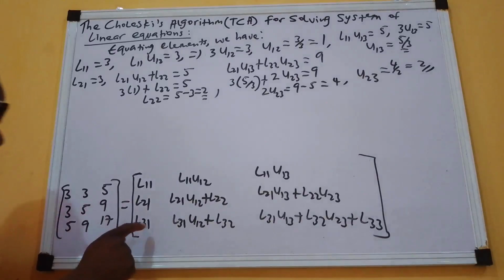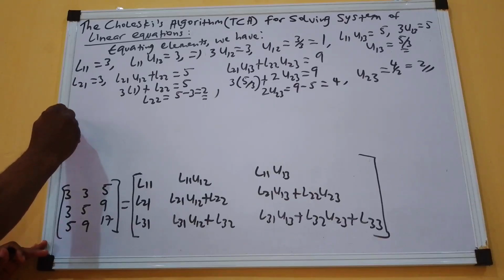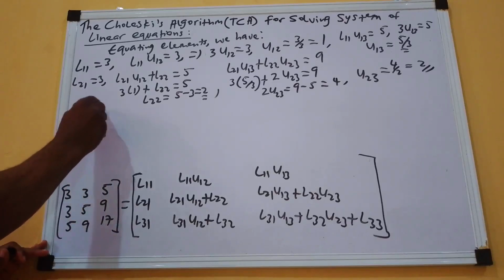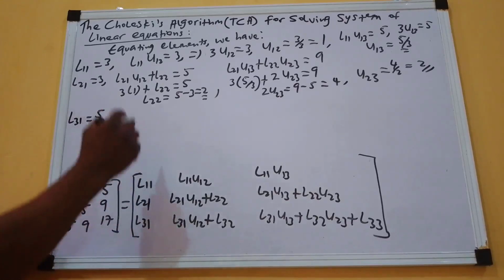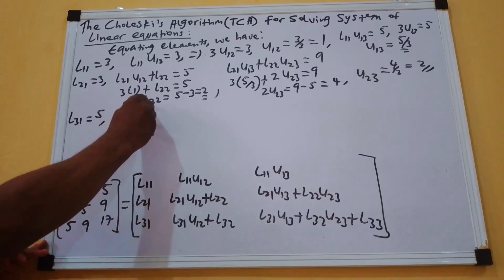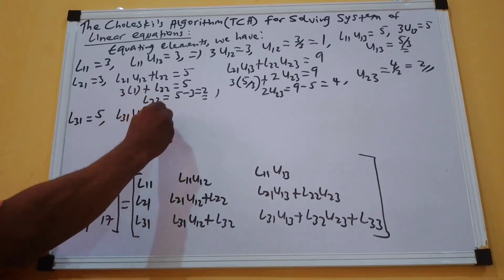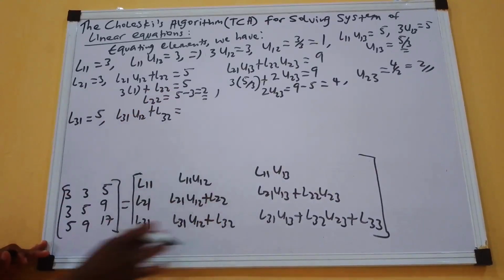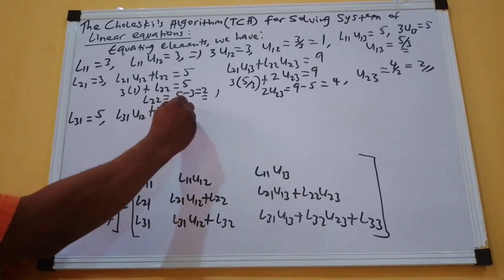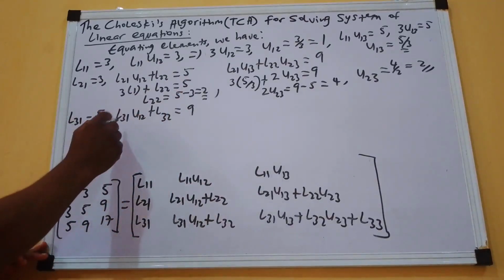Then again, we are not done comparing. Our L31 is equal to 5. Then this means that our L31 U12 plus L32, which is this one, is equal to 9. So from here, what is our L31?